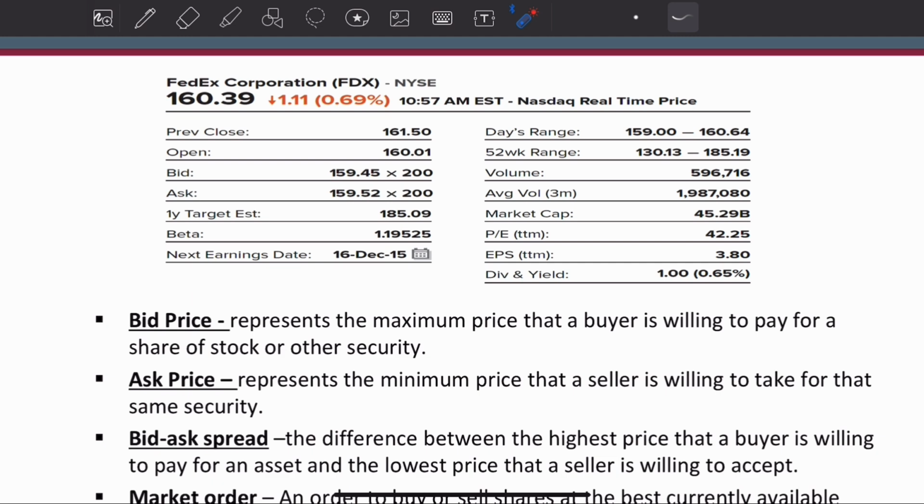If you place a market order, the broker would try to complete the transaction to fulfill your order at the best possible price. But this kind of order is unconditional. You're not going to be able to set the price that you desire.